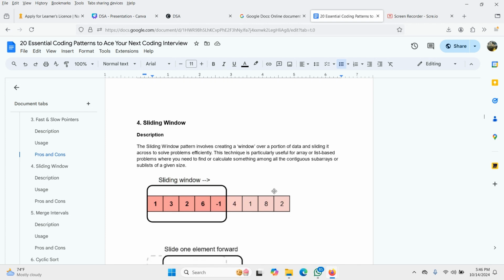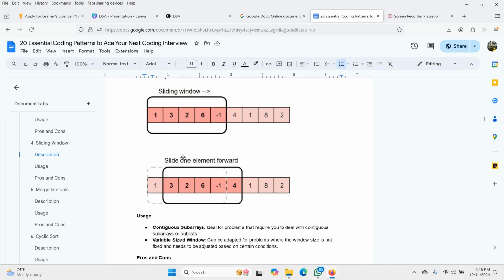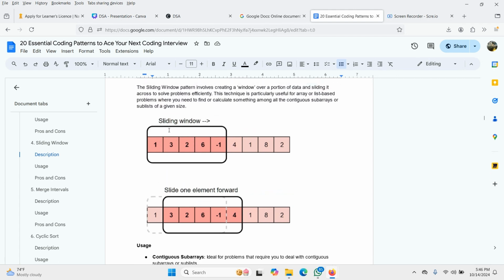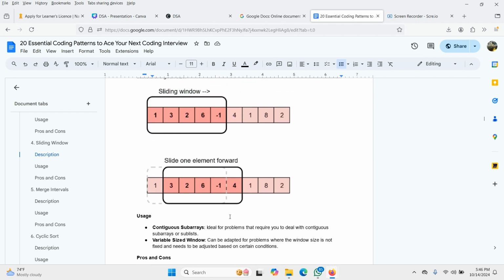It creates a window, and over that window it calculates the sum or a count. You can see in the figure that it takes a window, and after that you slide one element forward. So where is the usage of the sliding window?